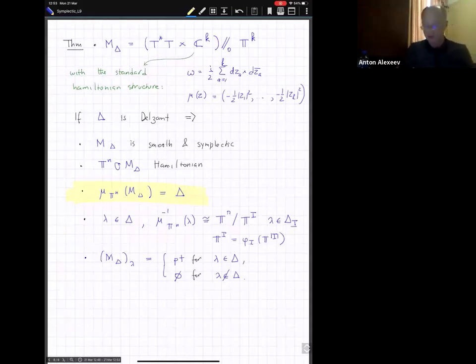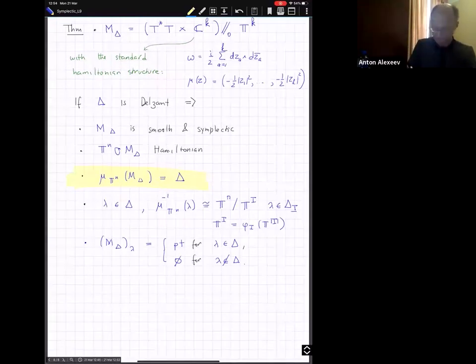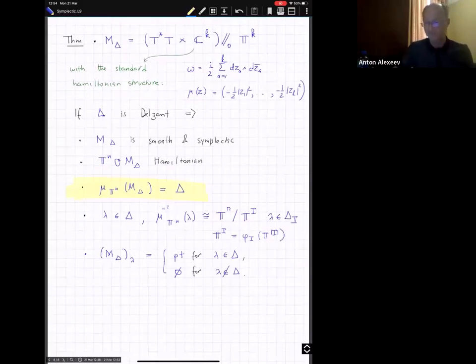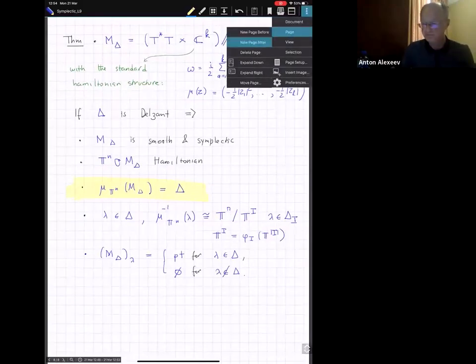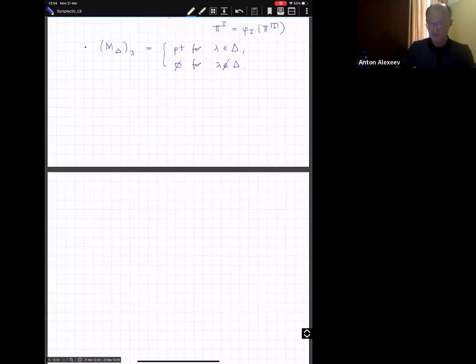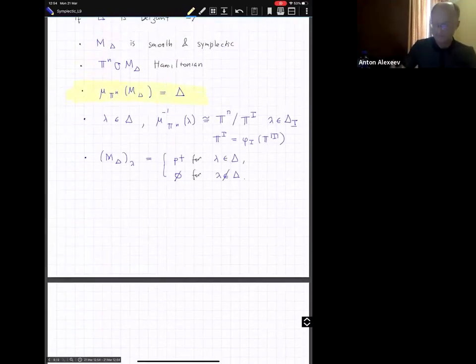Okay, so for sure, we want to prove that M_delta is smooth, because that's the key part of it. And we want to prove that the image of the moment map is exactly delta. So proof. Okay.